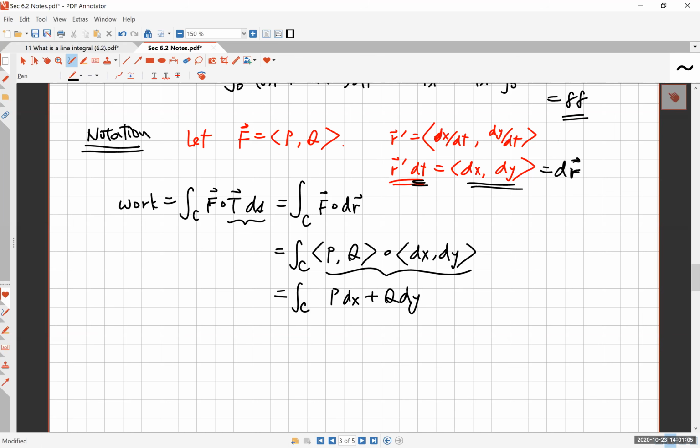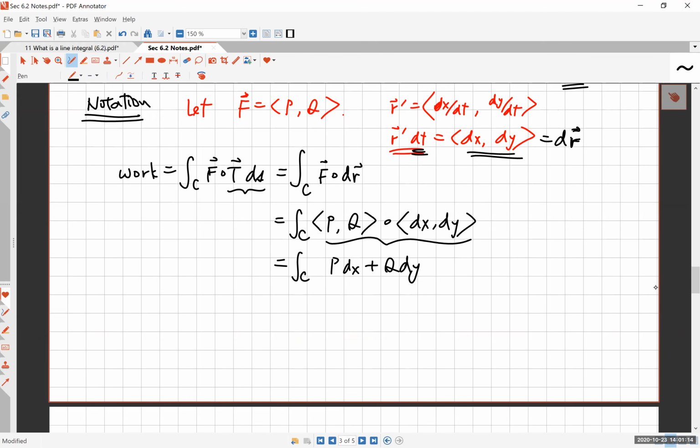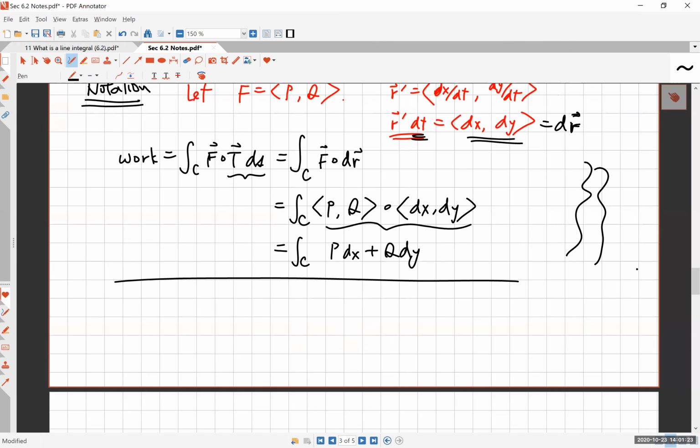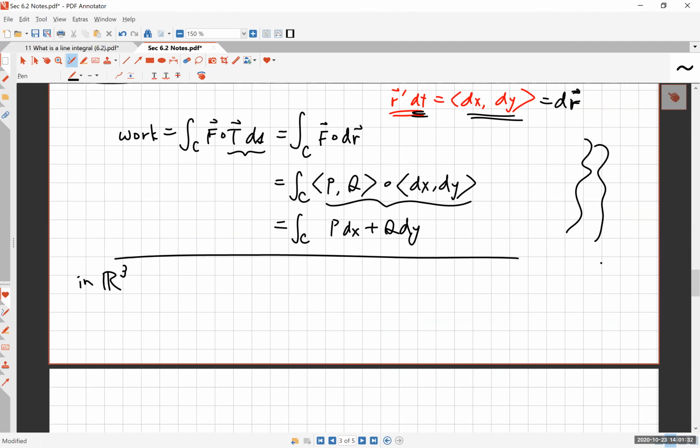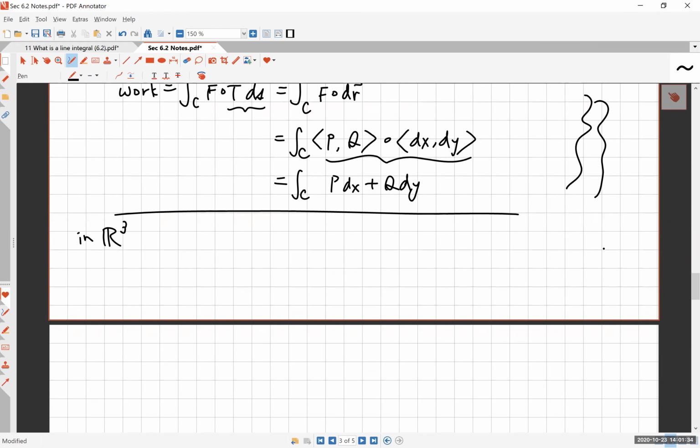All right, so the next thing we have to do, maybe I should do another example. I'm going to give you a problem by adding one dimension. So remember all of these things because we'll be using all of these different ways to express the work integral. Before I go into the flux integral, let's go one dimension higher. In R3, what does it look like?